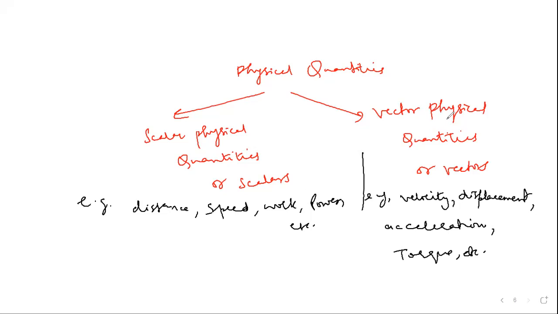But in vectors, there is involvement of direction. They are specified by magnitude and direction, due to which there is involvement of geometry. You cannot add, subtract them by using ordinary rules of algebra. You cannot treat them simply like numbers. So there are separate rules for handling vectors.